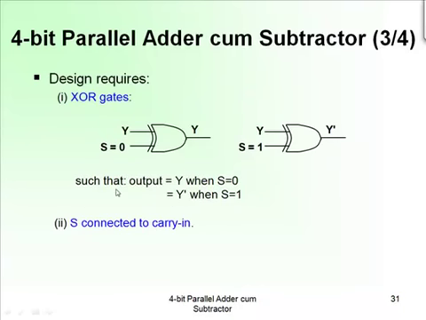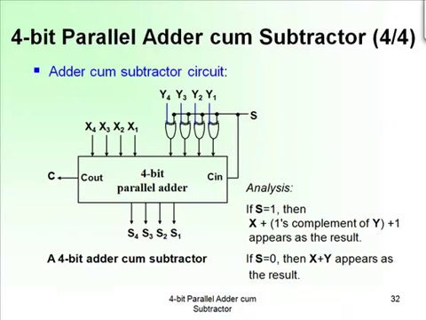Using an XOR gate with the signal, you can see that when s equals 0, the output is y, and when it equals 1, it's y bar. And s will be connected to the carry in, as we'll see here. To turn our adder into a subtractor, if we want to subtract, we turn this on and basically take the 1's complement of y before we put it in.